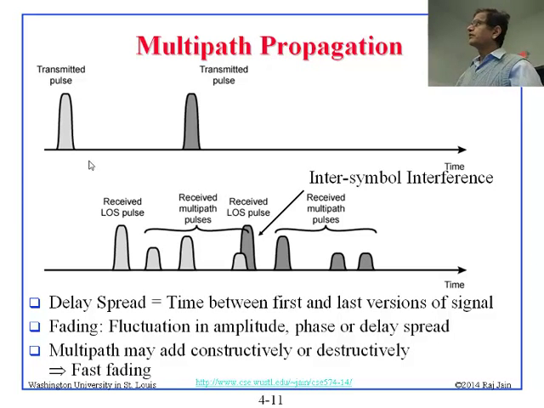So you have to worry about what to do for the inter-symbol interference. Since this is in time, we call it delay spread. This is how long the pulse became. Your pulse was narrow here, and it became so wide. And fading is the fluctuation in the amplitude.